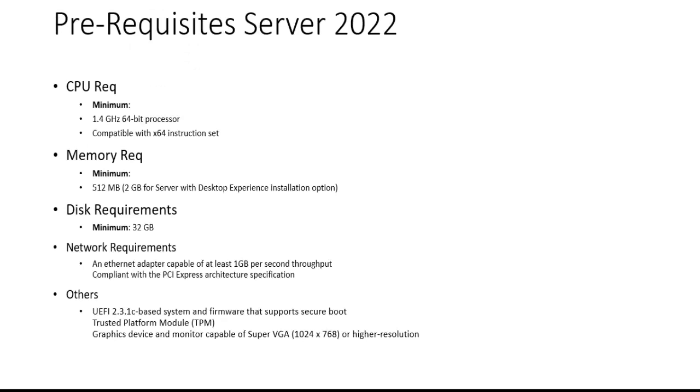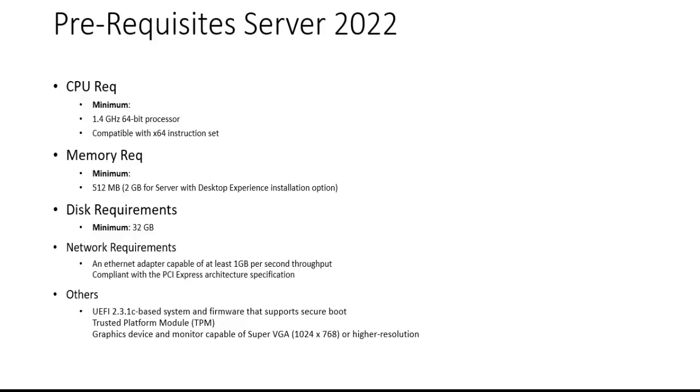Now there are some prerequisites which you need to keep in mind for Server 2022. There are some hardware requirements. For CPU, the minimum you need is 1.4 gigahertz, and you need a 64-bit processor compatible with the 64-bit instruction set.